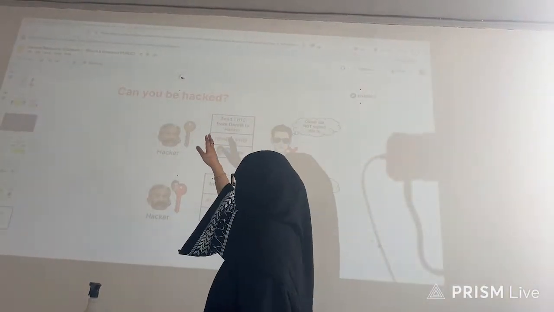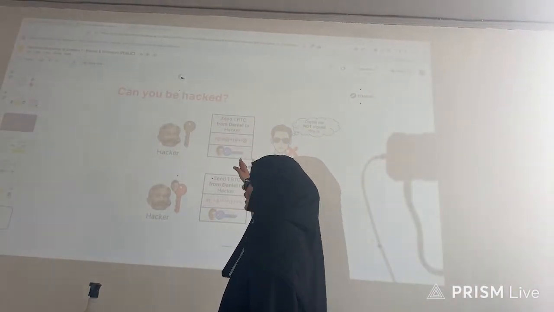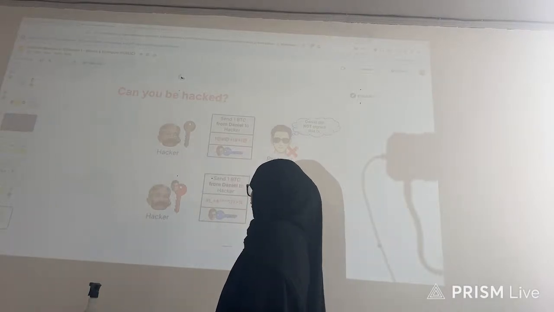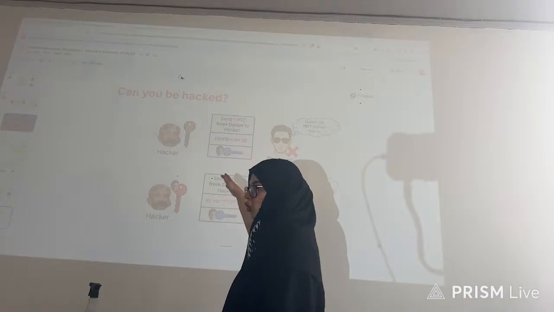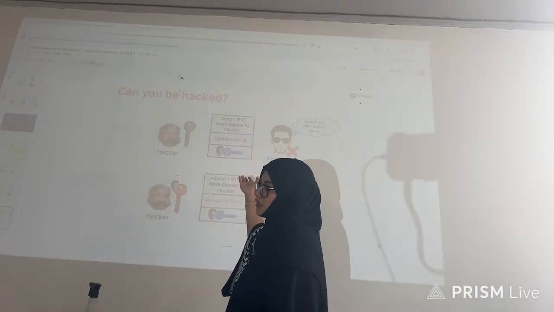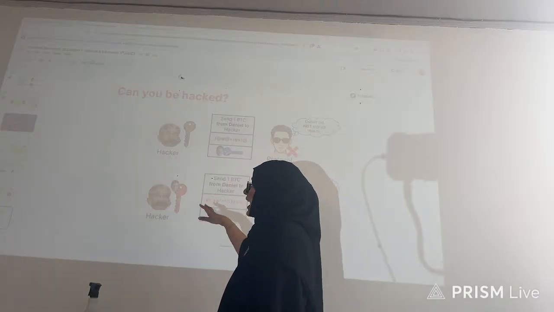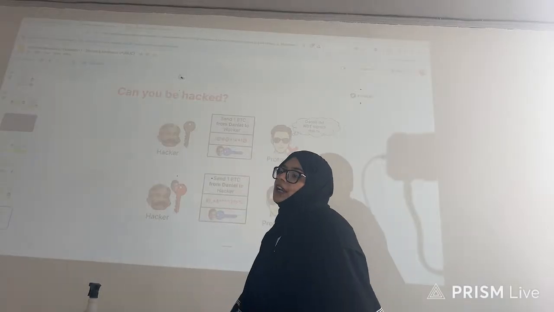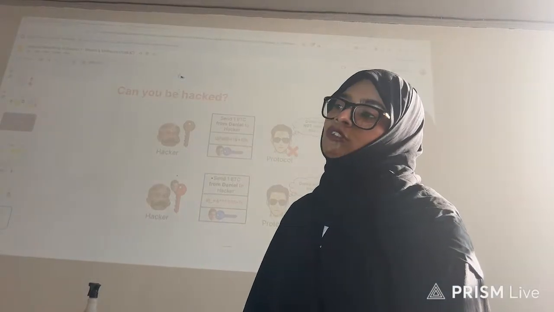Because if a hacker uses their own private key to sign the message, along with your public key, the protocol would know that this is not signed by you and it's a fake transaction. But if a hacker gets access to your private key, then he got access to your identity, and that's on you.